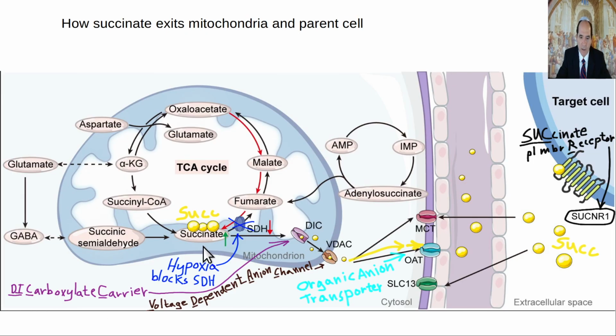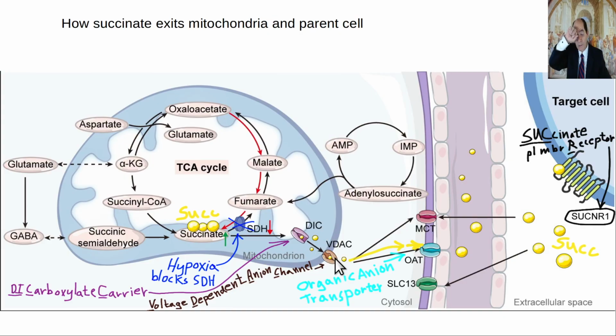Fumarate and succinate are sort of like a dicarboxylic version of butanoic acid. So it's like a dioic butanoic acid. Fumarate is just like it, the only difference being that it has a double bond in its center. Anyway, succinate accumulates. It'll exit through the dicarboxylic carrier, DIC, to exit the inner mitochondrial membrane. Then to exit the outer mitochondrial membrane, it goes through something called VDAC.